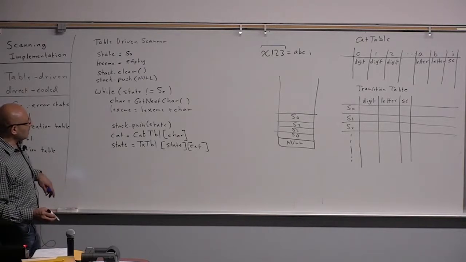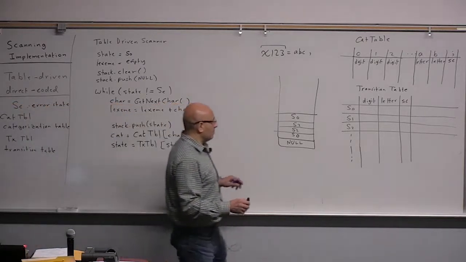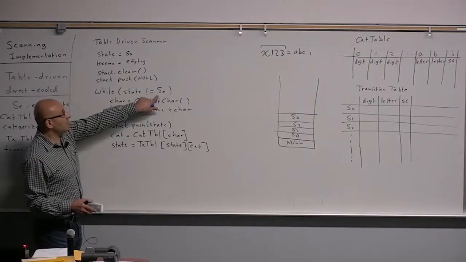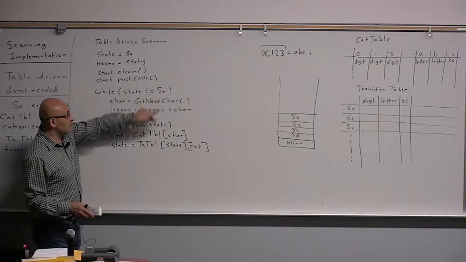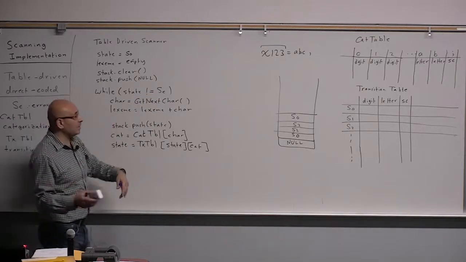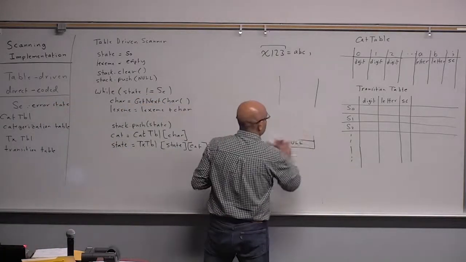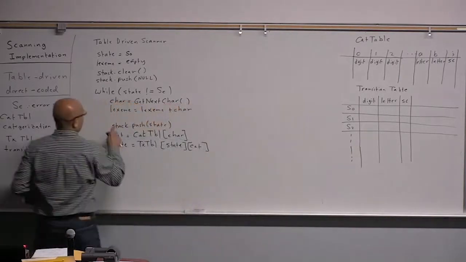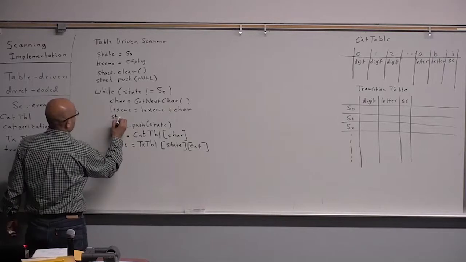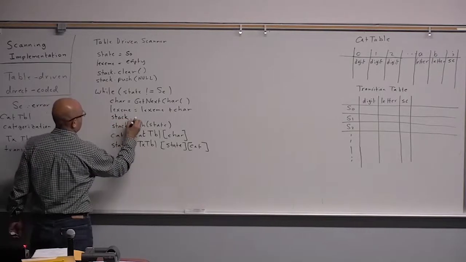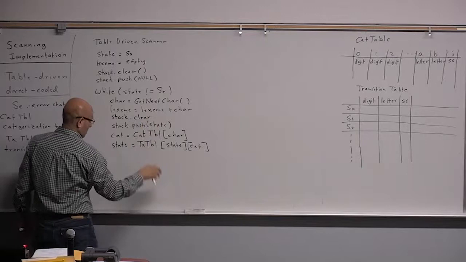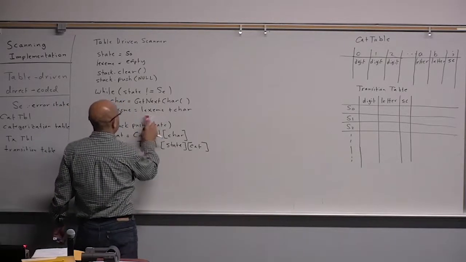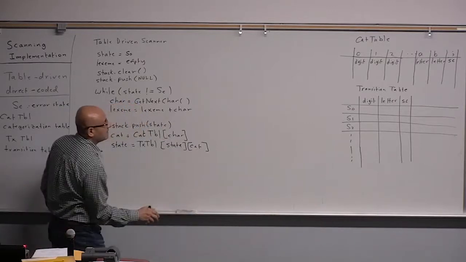Now one thing that we need to do is, when we get out of this loop, we will have an S error. So we want to pop and roll back to the last accept state. That's why we need to clear the stack if we have an accept state.